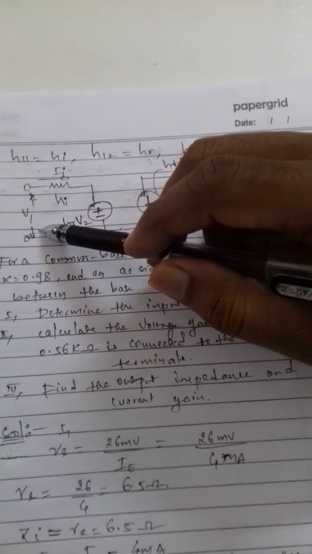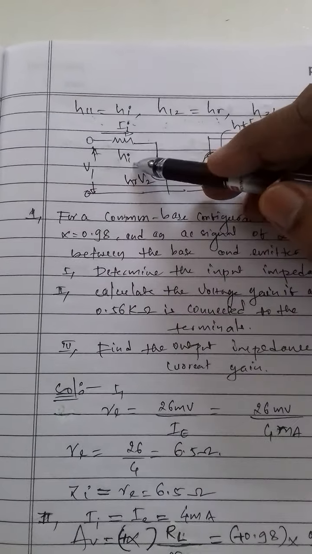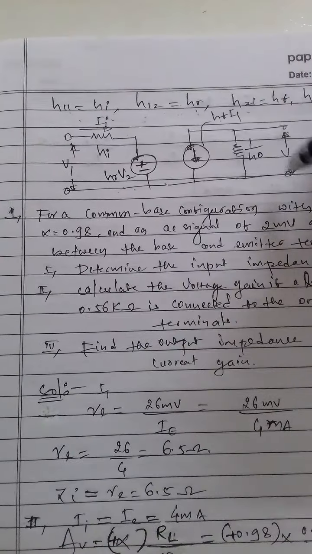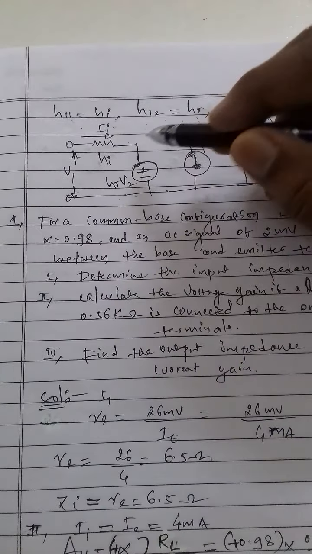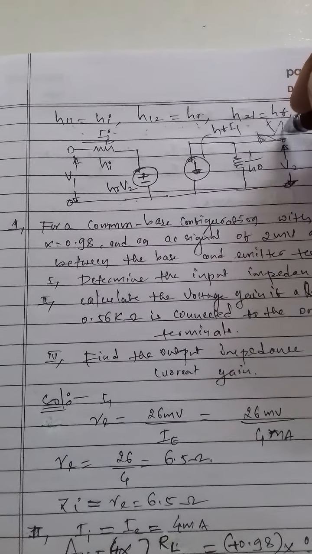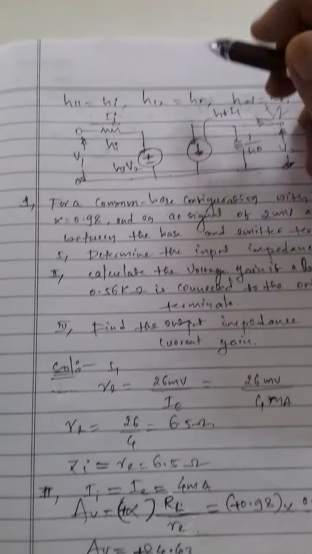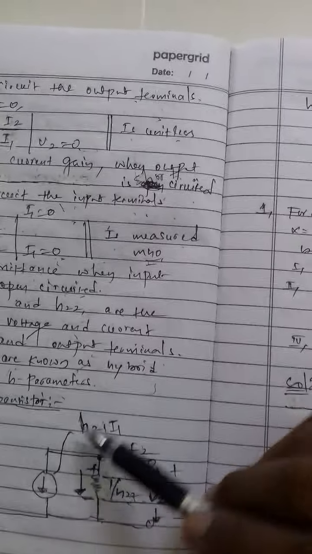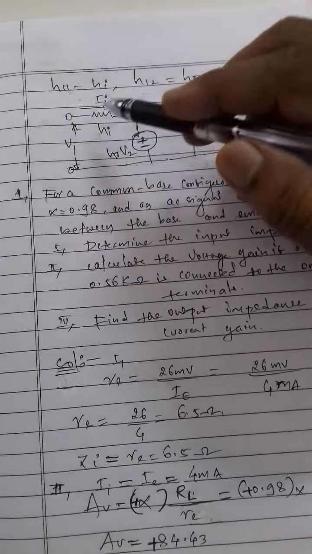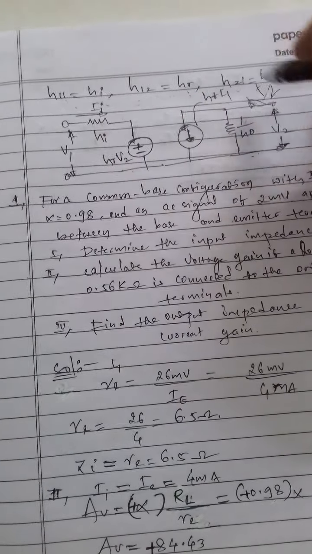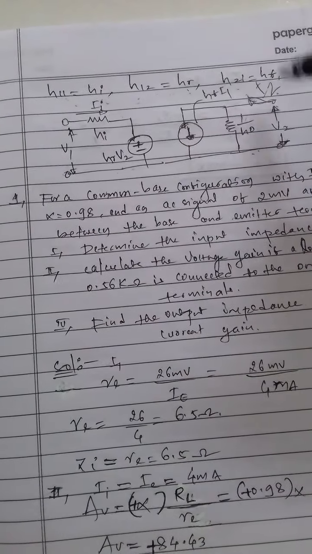So the circuit reduces to V1 is equal to HI I1 plus HR V2, and I2 is equal to HF I1 plus HO V2, where HF is H21 and HO is H22, which is 1 upon the output resistance. The input current is I1, the output current is I2, the voltage at the input is V1, and the voltage at the output is V2.